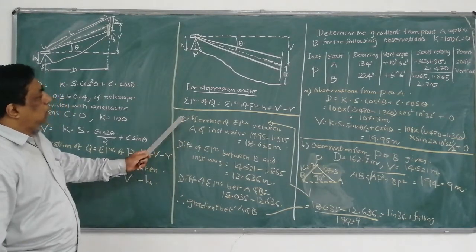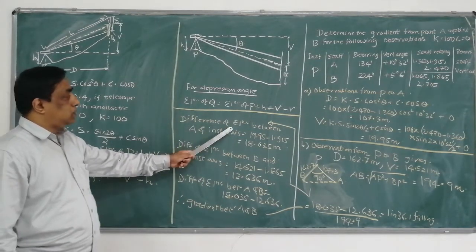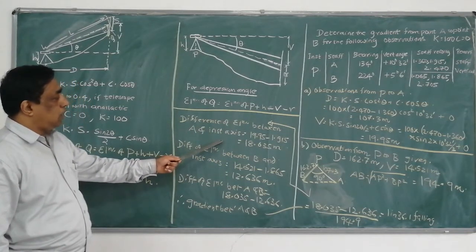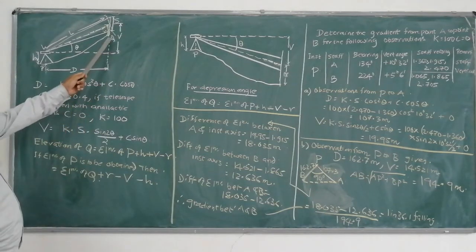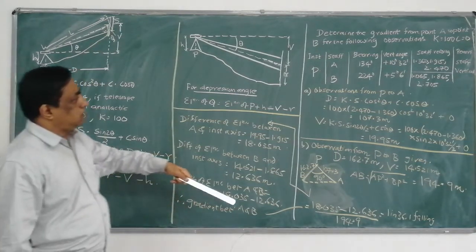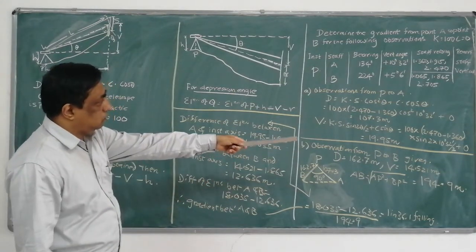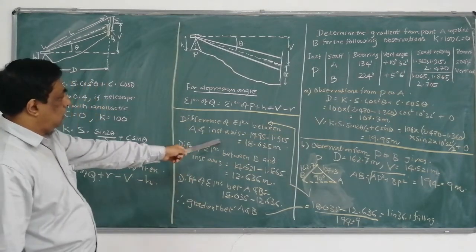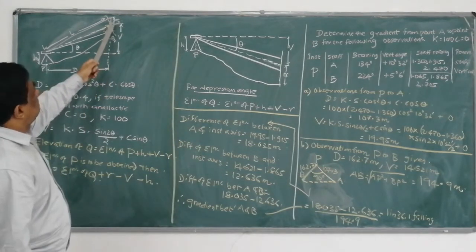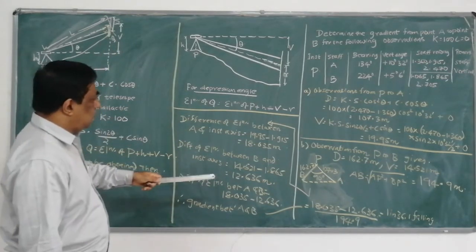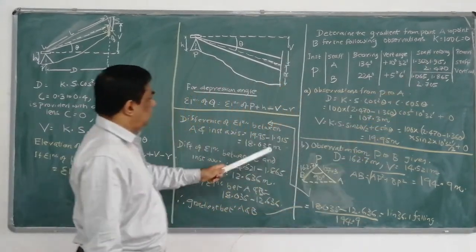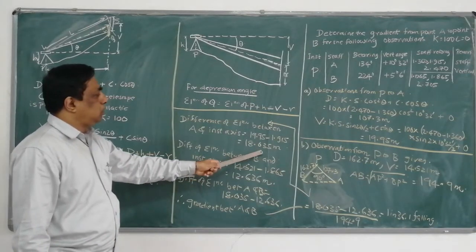Now observe here the difference of elevation between capital A and the instrument axis. This V we have calculated as 19.95, minus the central wire reading 1.915, that will be 18.035.